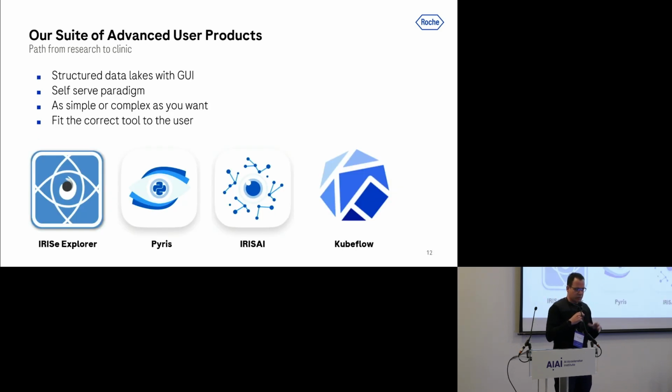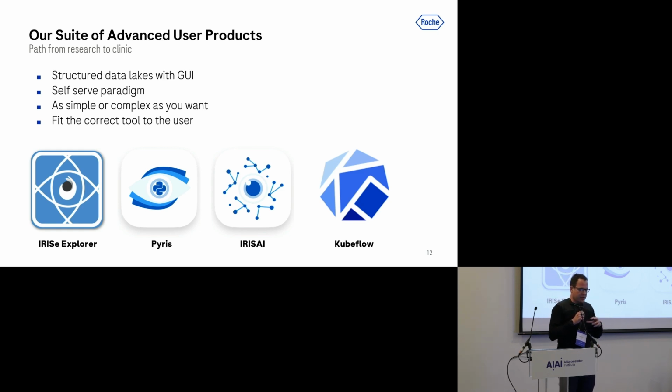Yeah. So how do we, the engagement team, basically support these different types of algorithm developers? Our approach leverages these structured data lakes with a graphic user interface that allows us to enable these non-coding developers to organize their data in different data sets, to filter out things.